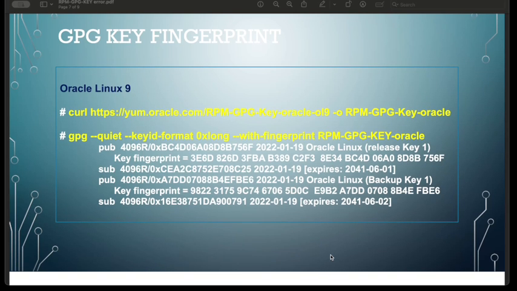You write the command curl with https, and then mention everything as written: yum.oracle.com RPM-GPG-KEY-oracle-ol9 for Linux 9, with -o RPM-GPG-KEY-oracle. The next command you can see: gpg --keyid-format 0xlong --with-fingerprint RPM-GPG-KEY-oracle. Next you can see the result appearing after running the command.